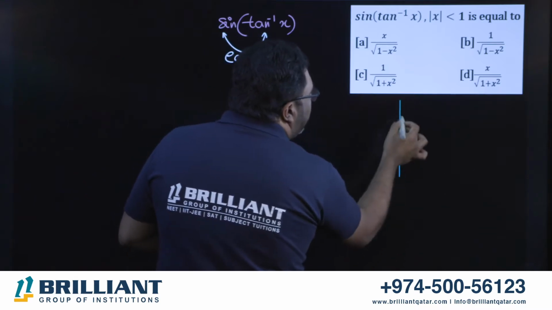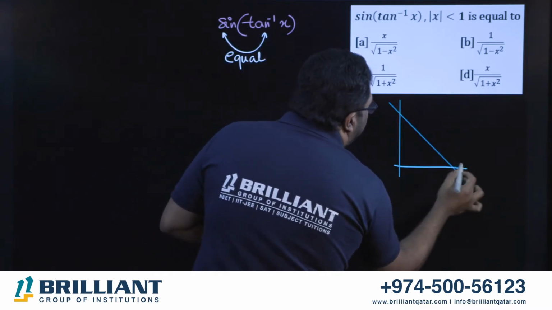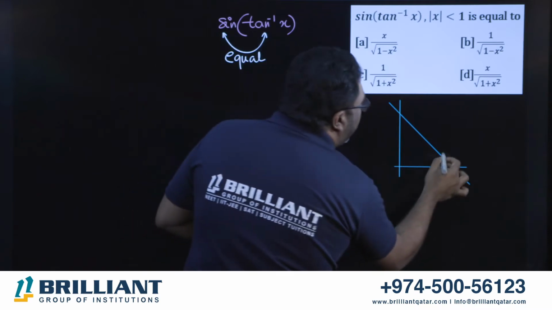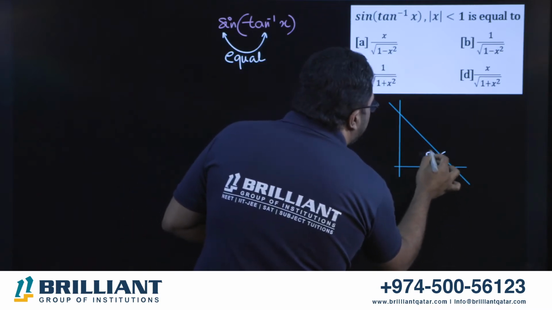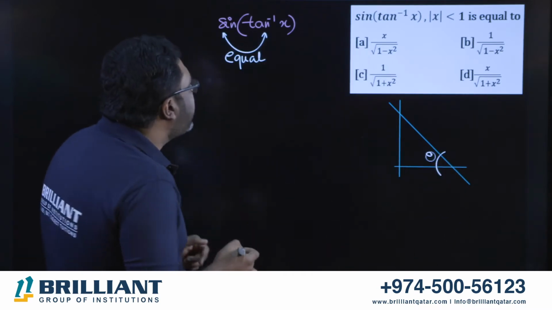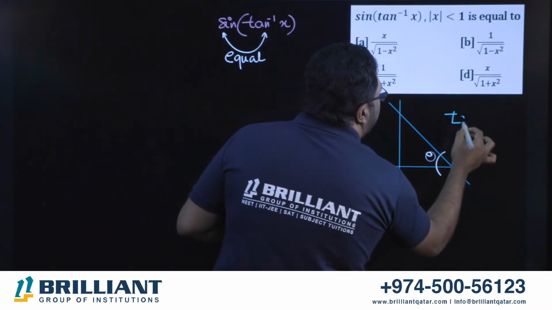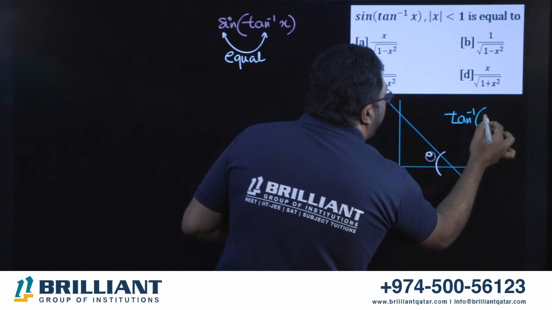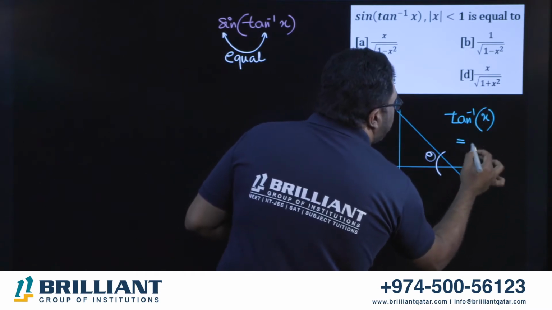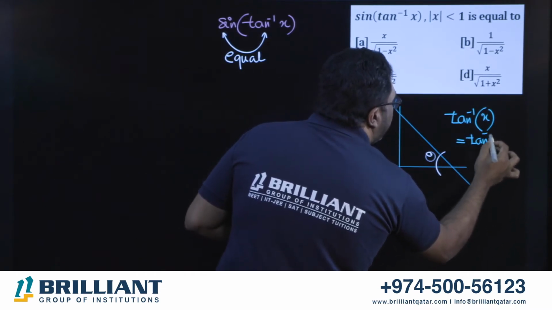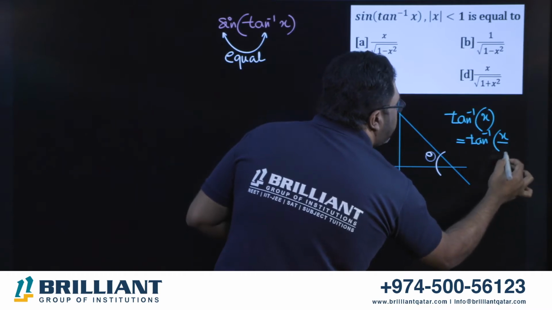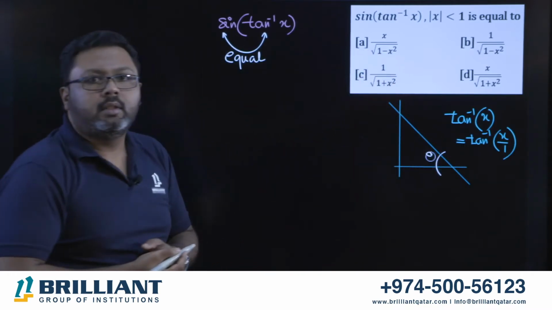Again, in the triangle method, we will draw the triangle and then we will mark this as theta. And this is given as tan inverse x. The question says tan inverse of x, and I understand that tan inverse of x is tan inverse of x by 1.